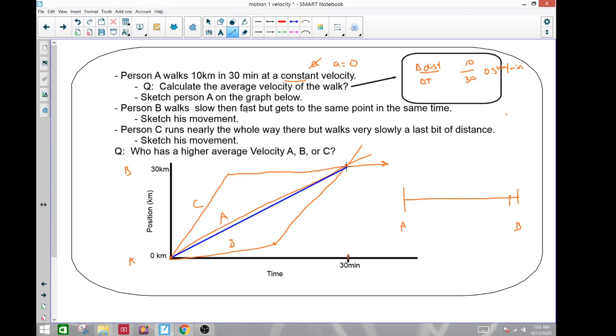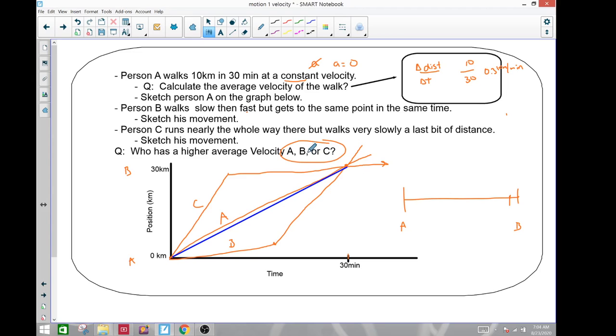So my line wasn't too straight for A, not too bad. But A is a constant velocity, so A's velocity never changes, so its average is the same as its constant. But A, B, and C, they're all the same. And that's the key thing to realize, that all three have an equal average velocity.